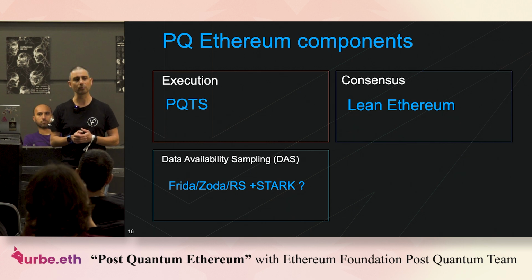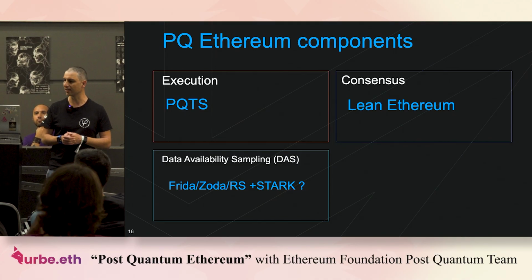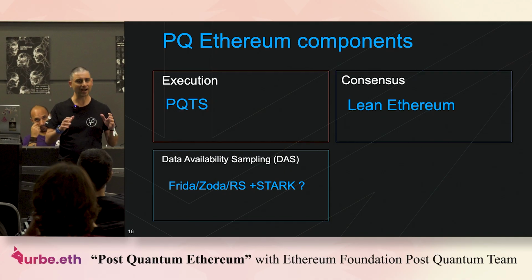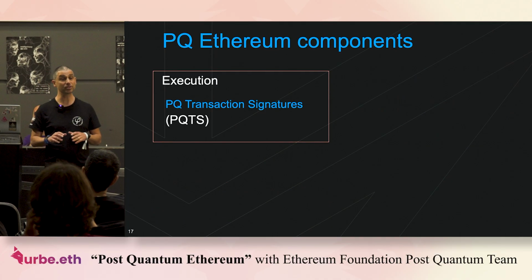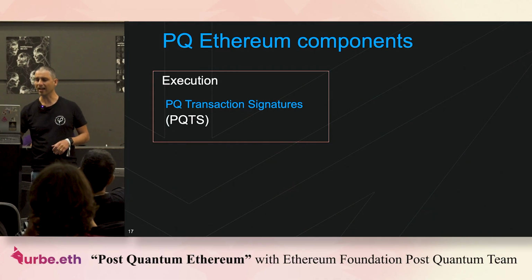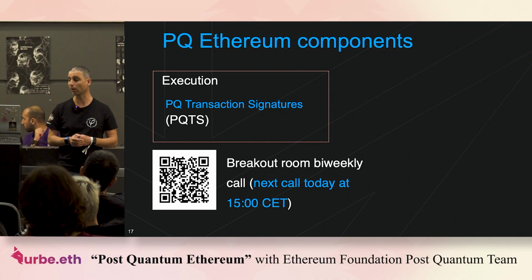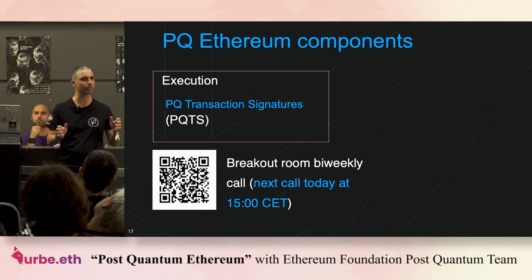And then for consensus, we got a plan, and this plan is called Lean Ethereum. Thomas is going to talk about this in a while. For data availability sampling, we are still deciding what to do. And my presentation is all about this box, the post-quantum transaction signatures. Again, we have a call every two weeks. In case you want to join, this is the QR code with the address of the calls. You're welcome to join.